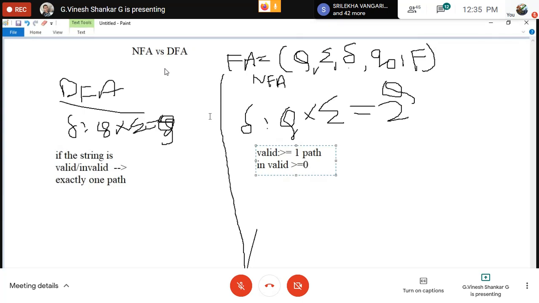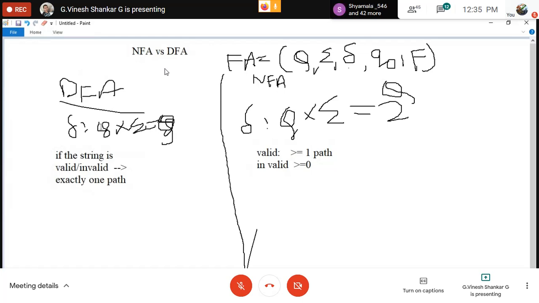You can have one path, 0 path, and you can have more than 0 paths. But 0 paths is also possible. Valid here means greater than or equal to one path, and invalid means greater than or equal to 0 paths. Please remember this one. So this is a major difference between DFA and NFA.